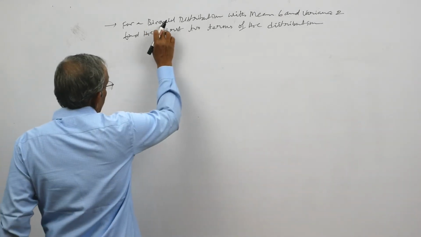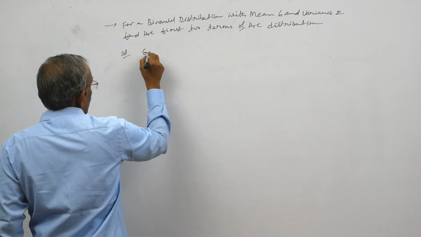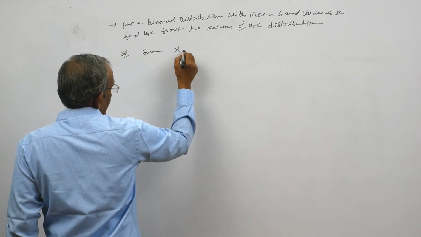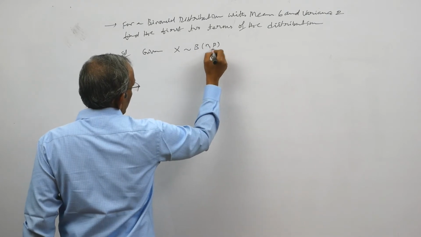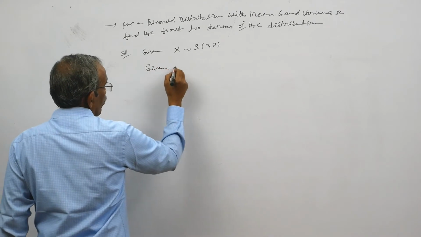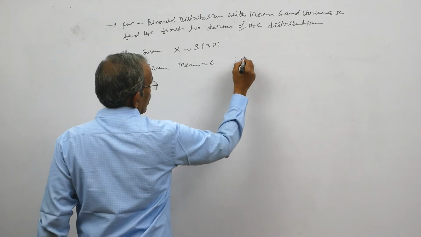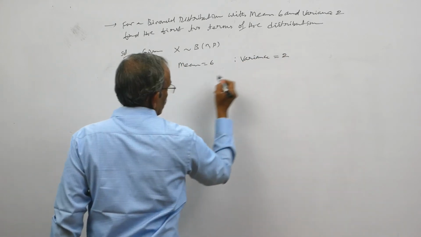Given that this is a binomial distribution, that means x follows the binomial distribution where n, p are parameters. Given mean is equal to 6, variance is equal to 2.